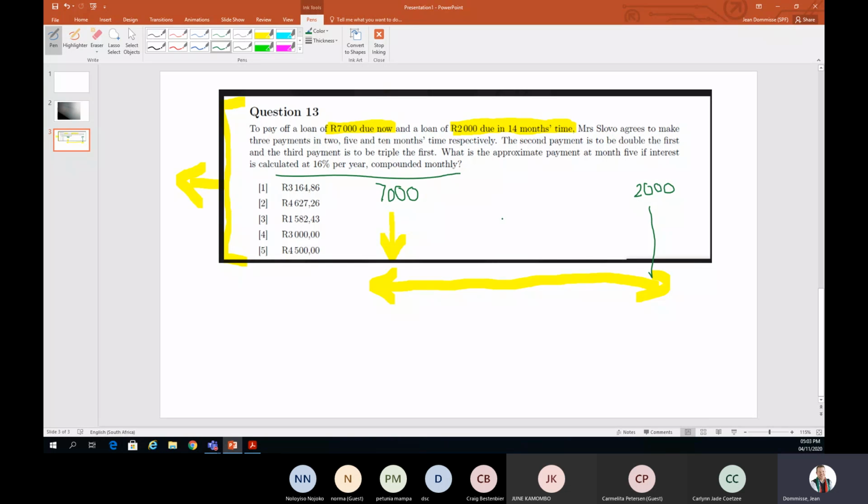Everything is calculated with interest. The borrower agrees to make 3 payments in 2, 5 and 10 months' time. The first payment is at 2 months, the second at 5 months, which will be 2x, and the third payment in 10 months' time, and the total period was 14 months.